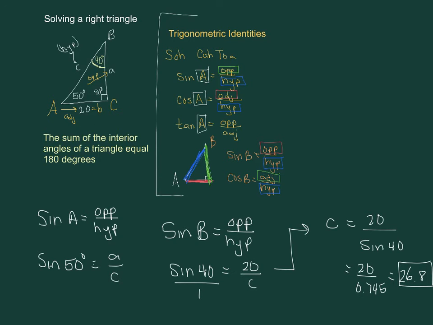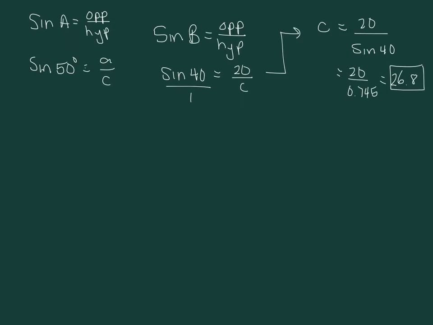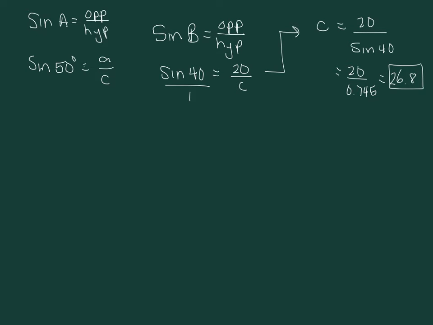Now check this out. Because I now know my hypotenuse, I can plug that in for C right there. So now I've got sine of 50 degrees equals A over 26.8.